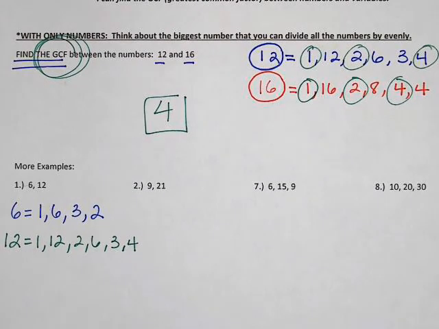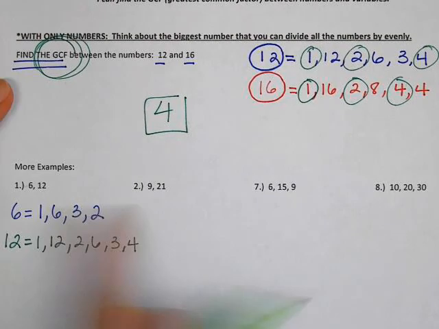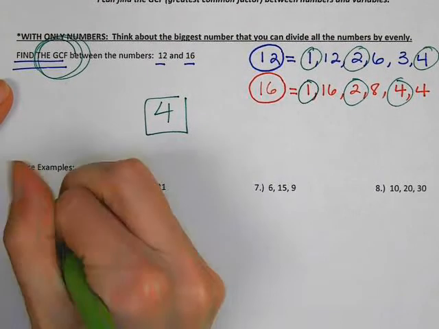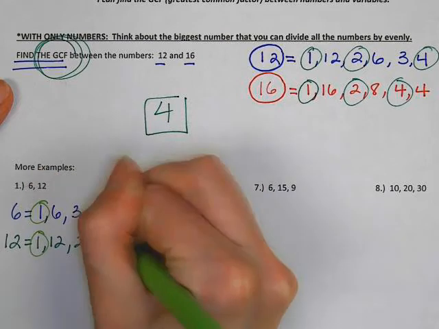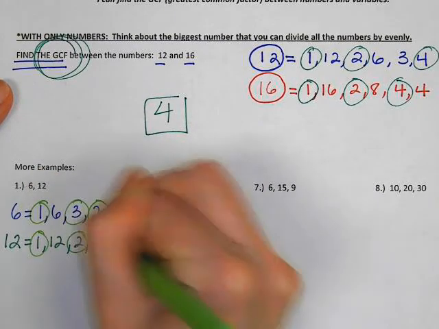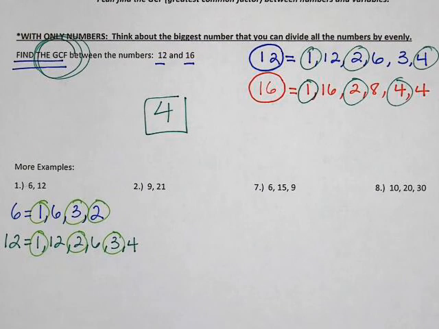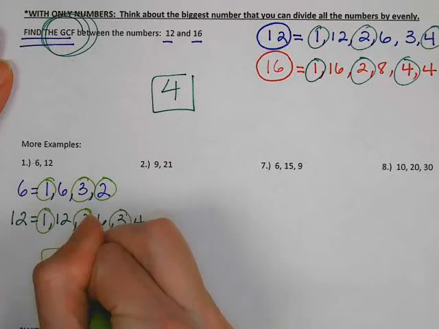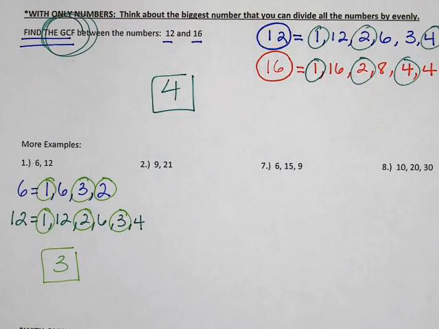Okay, what is the biggest number that's in both rows here? So they both have a 1, they both have a 2, and they both have a 3. It's the biggest one that they both have, so the answer is 3.